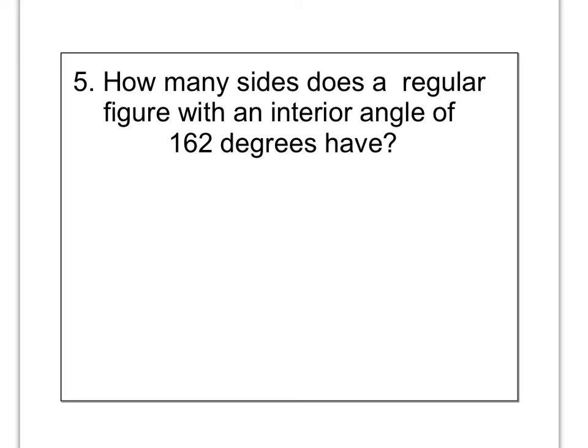So they're telling us we have a regular polygon and the angles inside of it are 162, 162, 162, and so on. And we have to figure out how many sides this thing would have. Well, the way that I do it is I figure out how big is an exterior angle. If I extend this, these two should add up to 180.